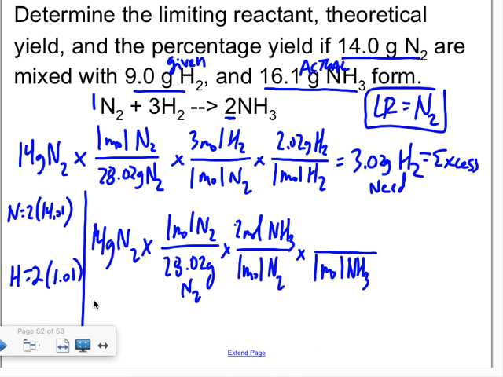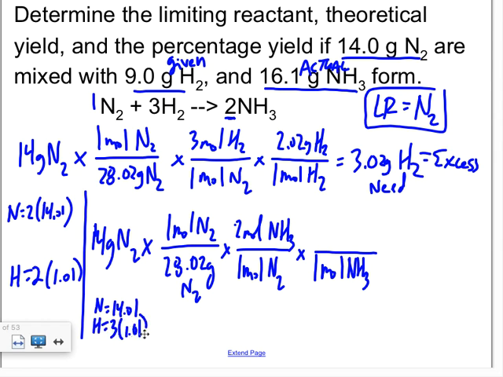So nitrogen is 14.01, and then I have 3 hydrogens each at 1.01, and the molar mass of this is 17.04. So that goes on the top here.